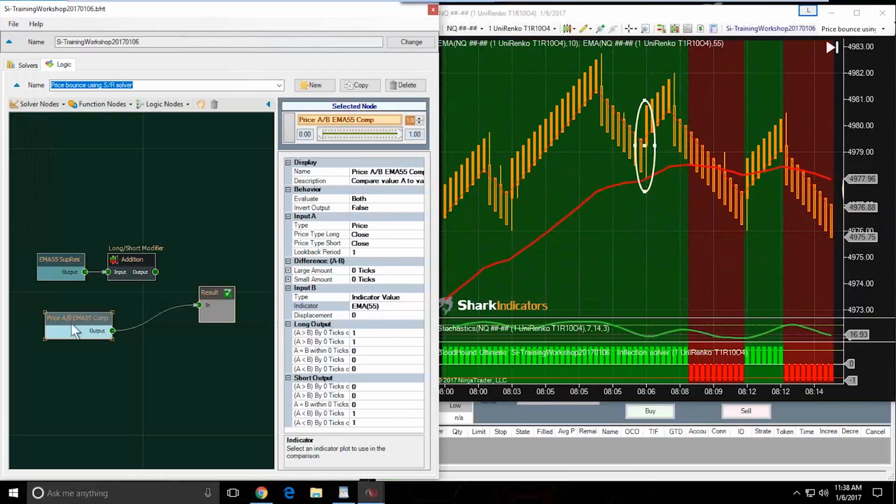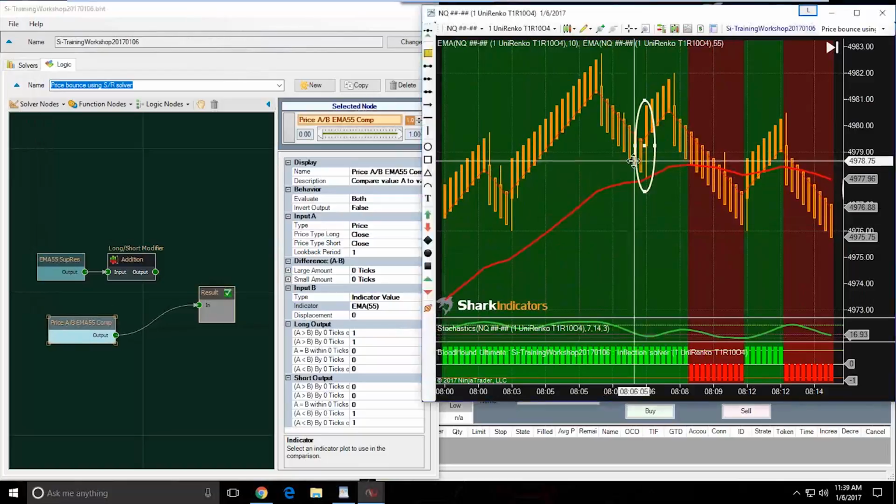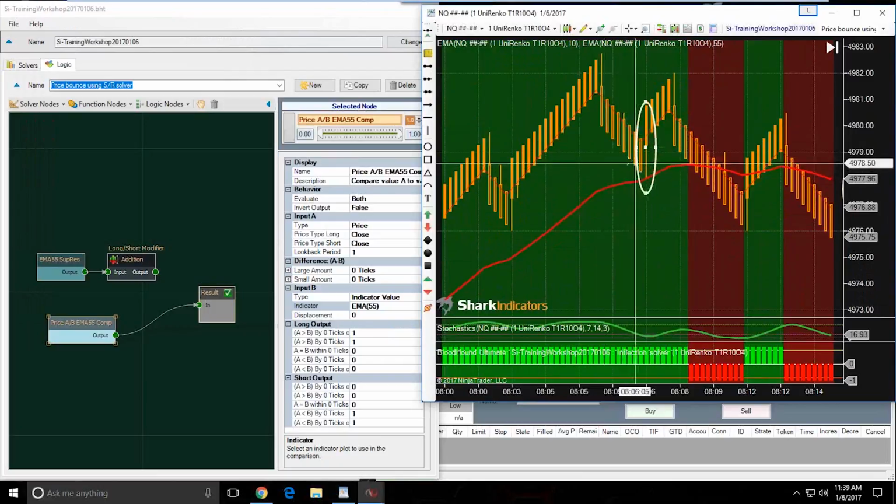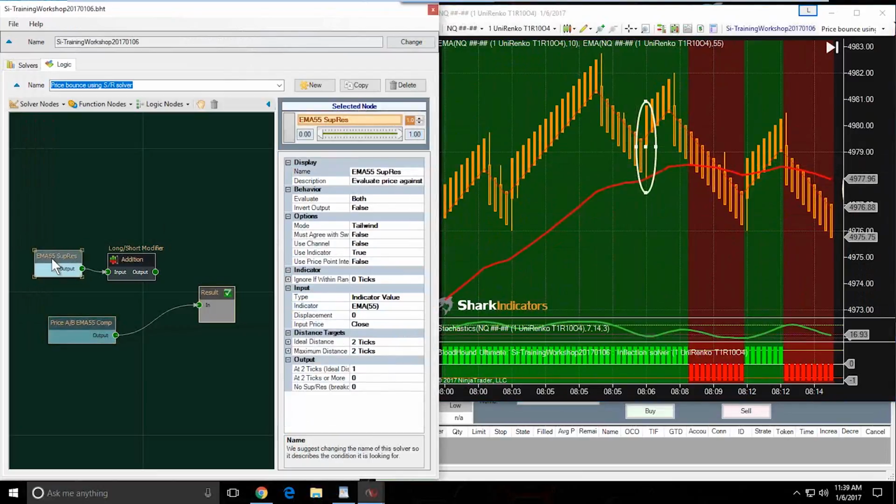Let's add some further constraints to this logic. Let's say we want to make sure that price has been above our EMA by a few ticks. Our support resistance solver, remember, is looking to see when price gets within 2 ticks of our EMA.